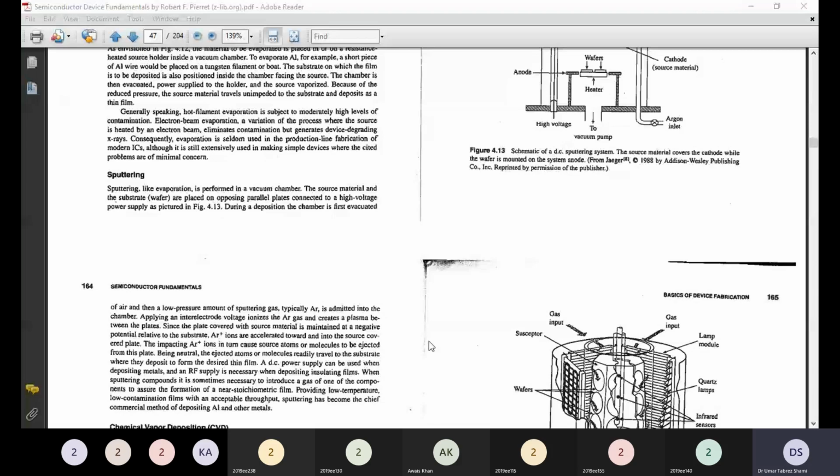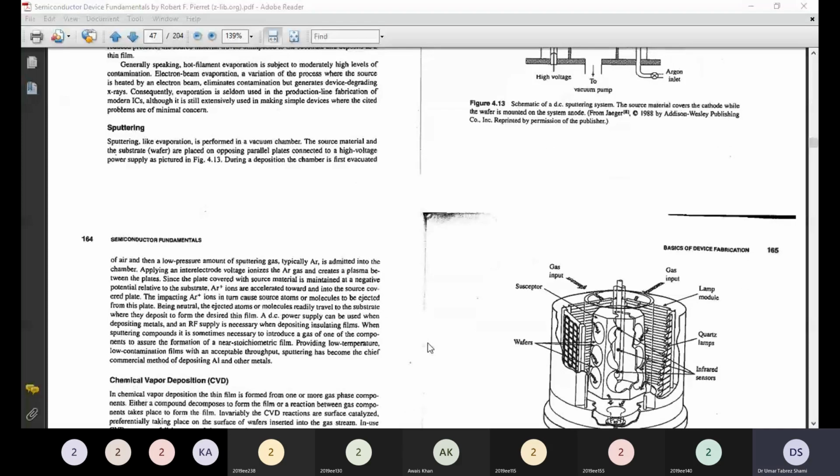When sputtering compounds, it is sometimes necessary to introduce a gas of one of the components to assure the formation of a near stoichiometric film, providing a low temperature, low contamination film with an acceptable throughput. Sputtering has become the chief commercial method of depositing aluminum and other metals.